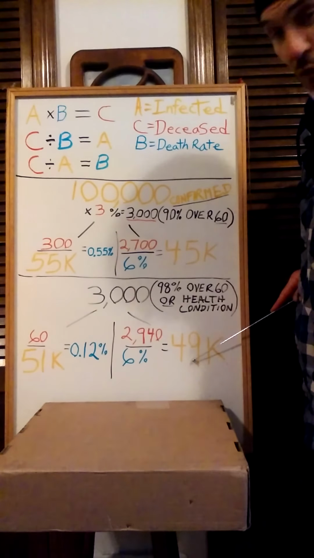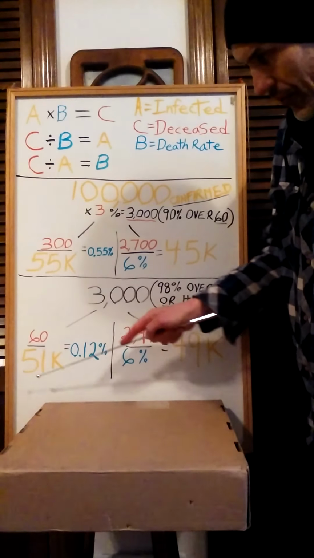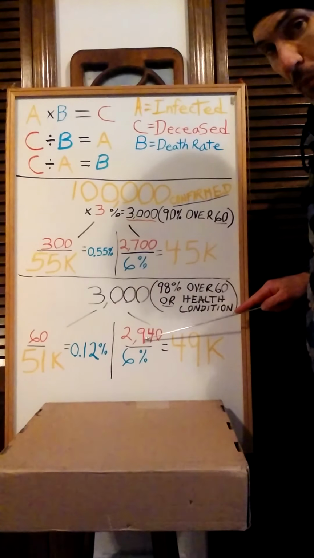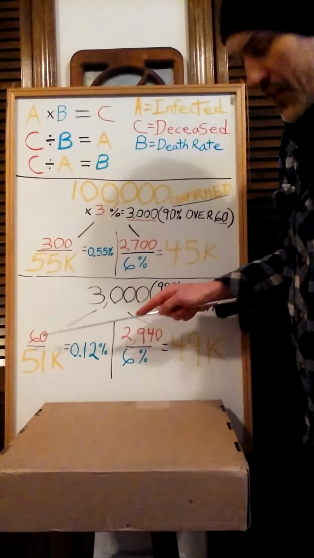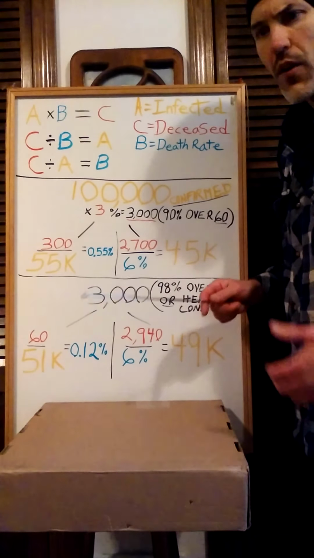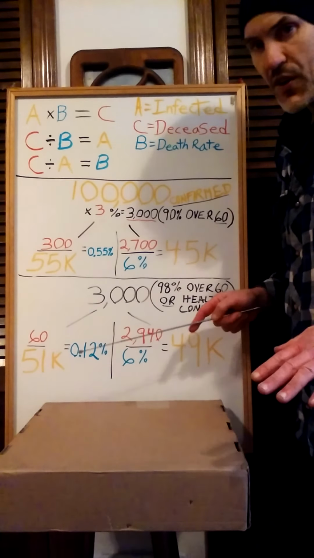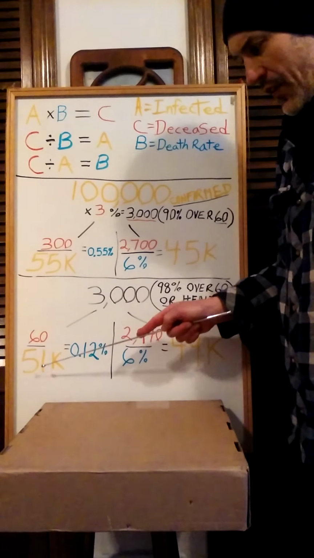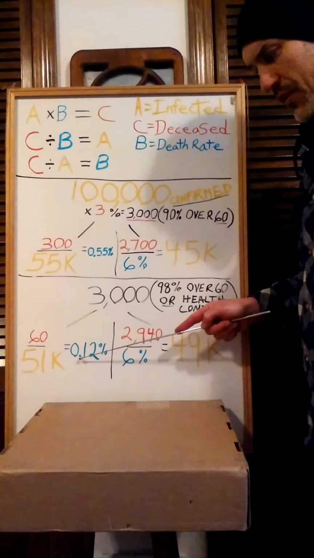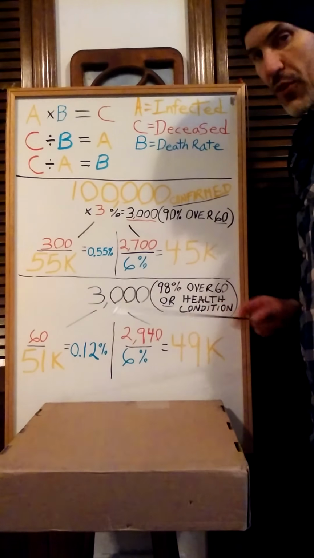So you subtract this from 100,000, that's how you get 51,000. So we know that if this many people are attributable to over 60 and health compromised, that means 60 people would be under 60 and perfectly healthy. No health conditions whatsoever, just under 60 and healthy. So if you're under 60 and healthy, you divide it out, that ends up being a 0.12% death rate.